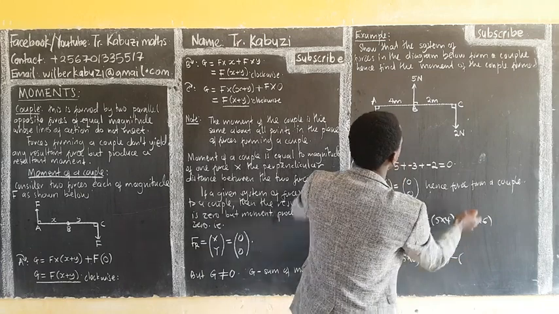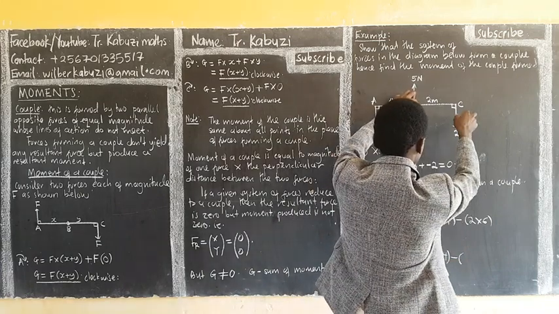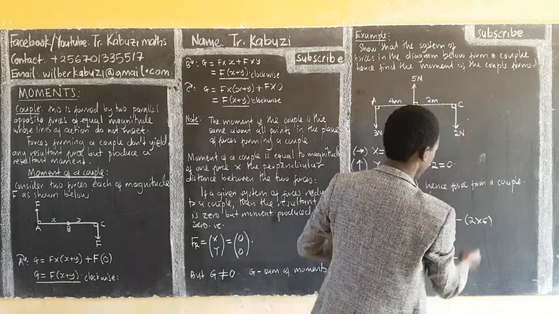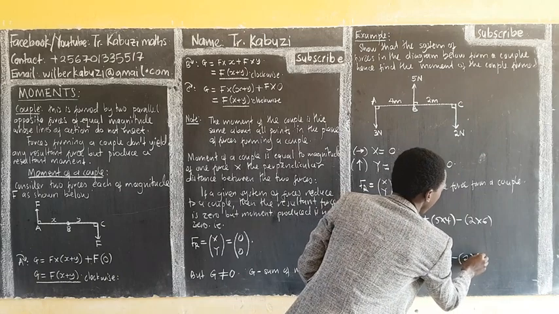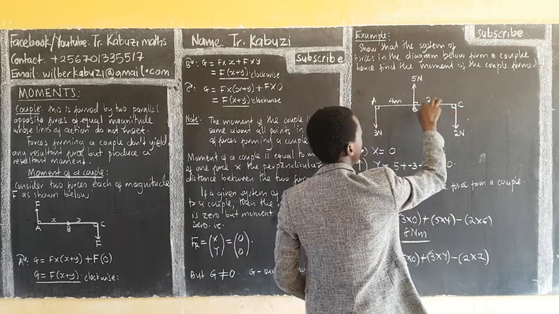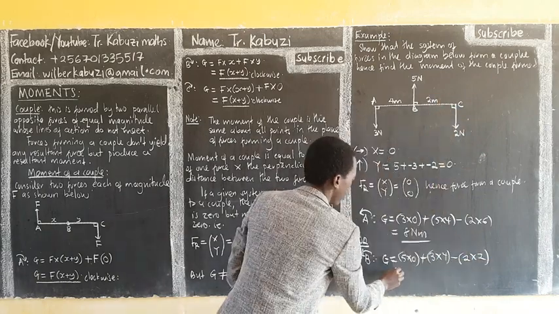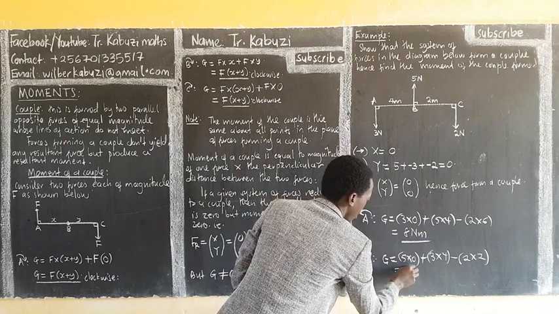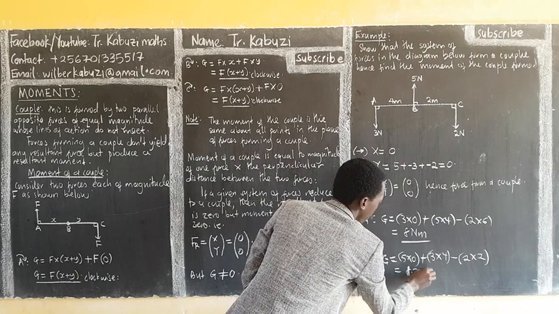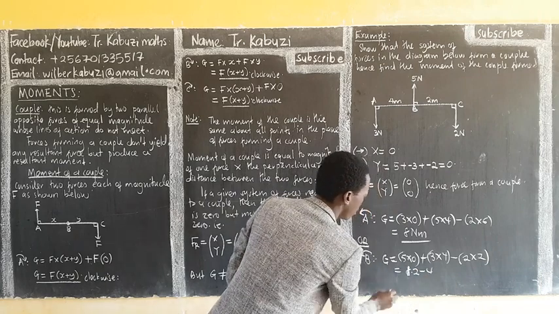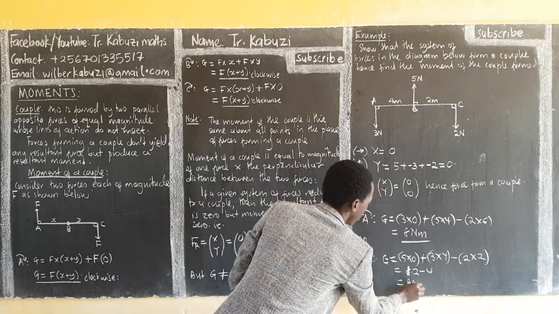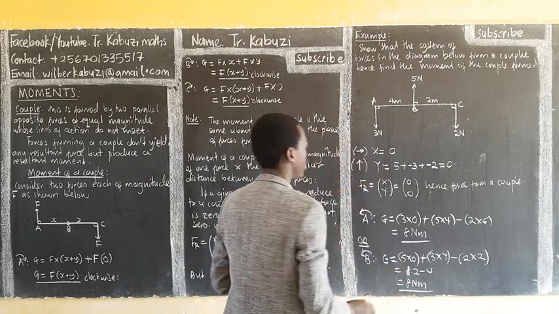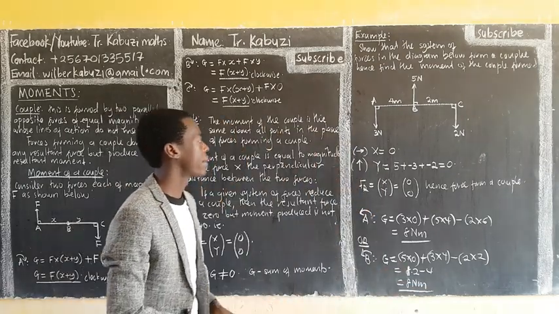Then minus, this one is acting anti-clockwise, 2 times 2. The force is 2, the perpendicular distance is 2, which will give us 4. So it's going to be 12 minus 4, which will be 8 Newton meter. Whatever you take is going to be the same.